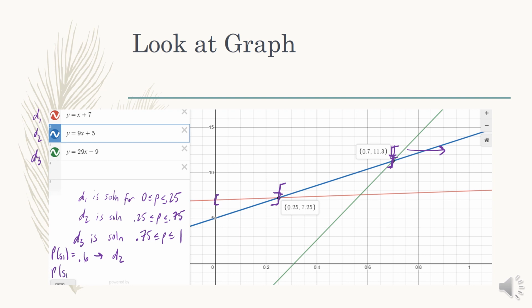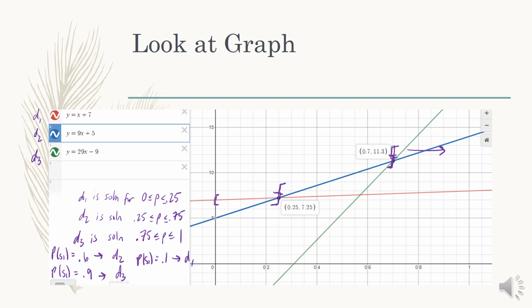Let's say that I know the probability of a strong demand is 0.9. Well, then I can say 0.9 is between 0.75 and 1, so D3 is your solution. Let's say that we know that the probability of a strong demand is 0.1. Well, 0.1 is between 0 and 0.25, so that would mean that D1 is my solution.